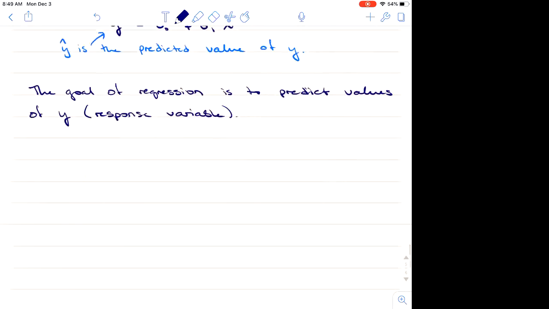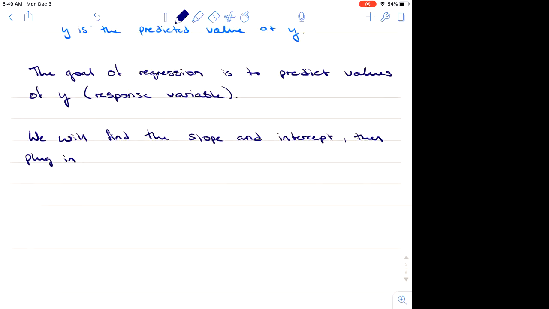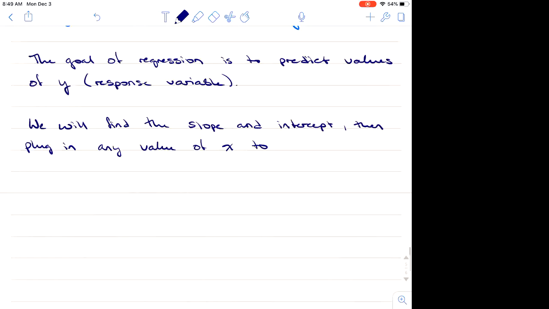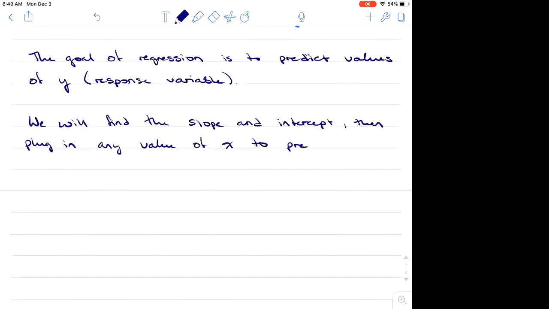And so we will find the slope and intercept, then plug in any value of x to predict y.